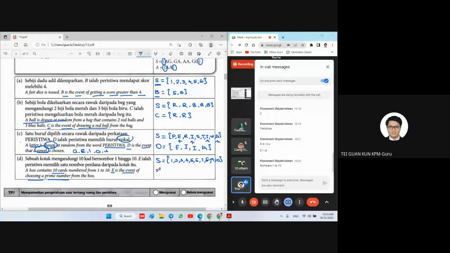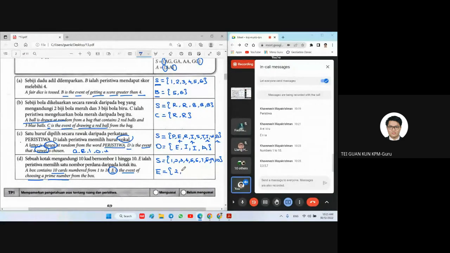And then the event E. So E is the event lah. Perkara peristiwa yang kita nak lah. So jawapan mesti dalam bentuk set notation lah. Okay, so prime number from 1 to 10. So which one is prime number? Okay.